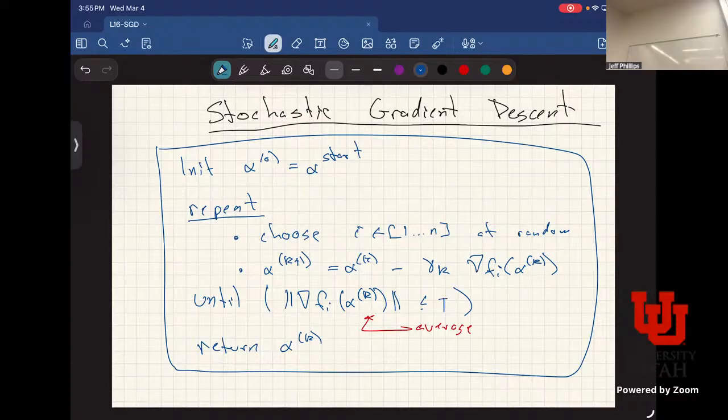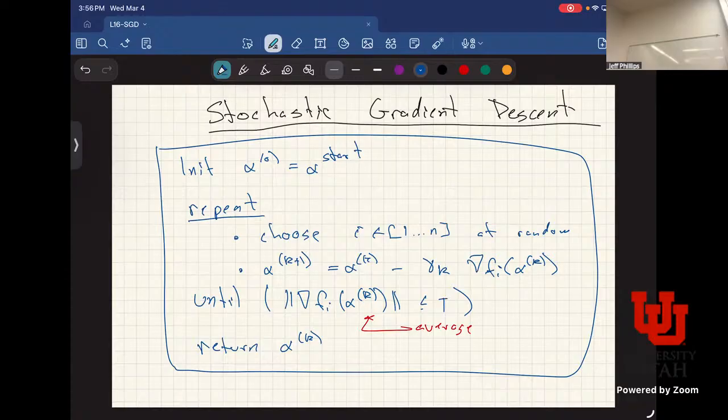The other reason you don't want to do it is that we're not really working in the RAM model here, where you have random access to all the data. You have a really, really big data set. It's probably on disk, and you need to read it into memory. To choose a random one, you need to pull it from disk into memory, and that's even worse.